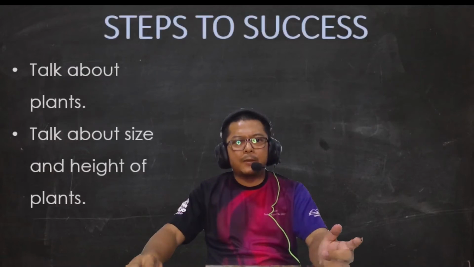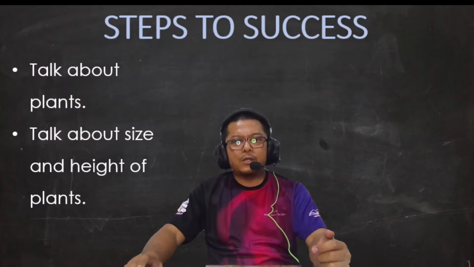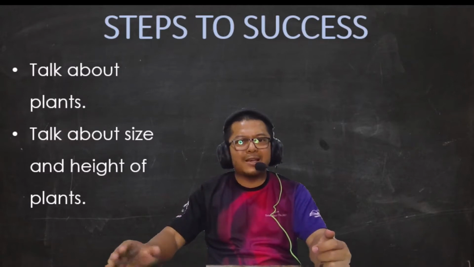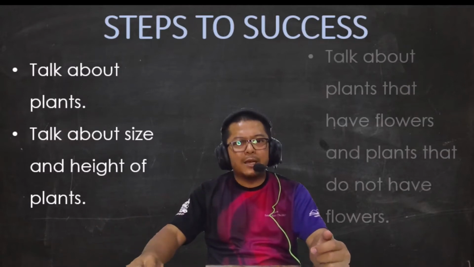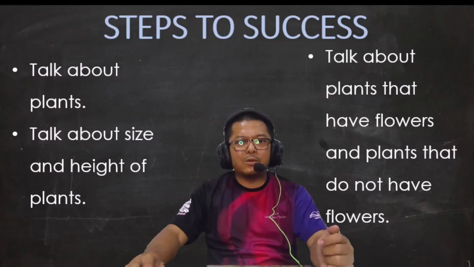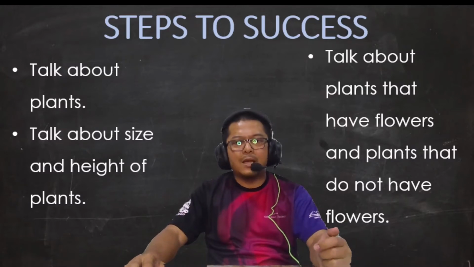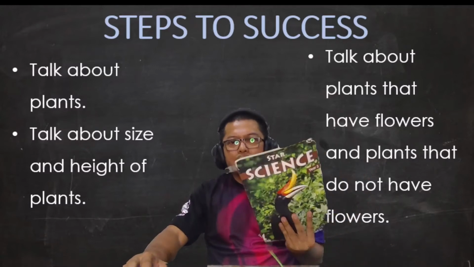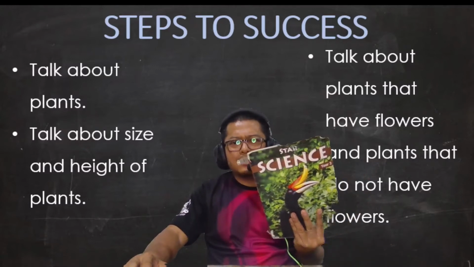We shall talk about plants, then about the size and height of plants, and then about plants that have flowers and plants that do not have flowers, based on the textbook, Science Star Science Year 3.